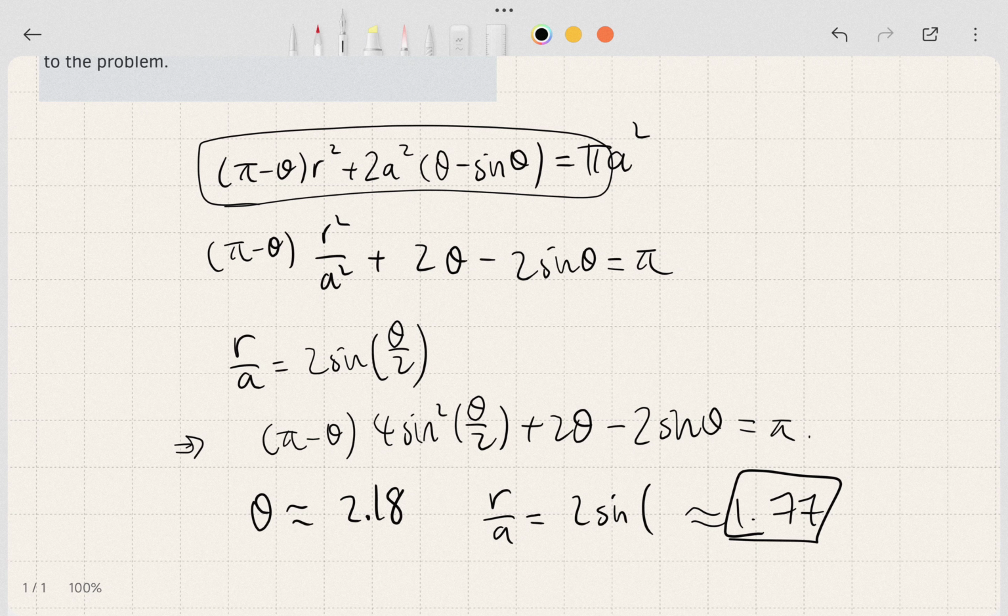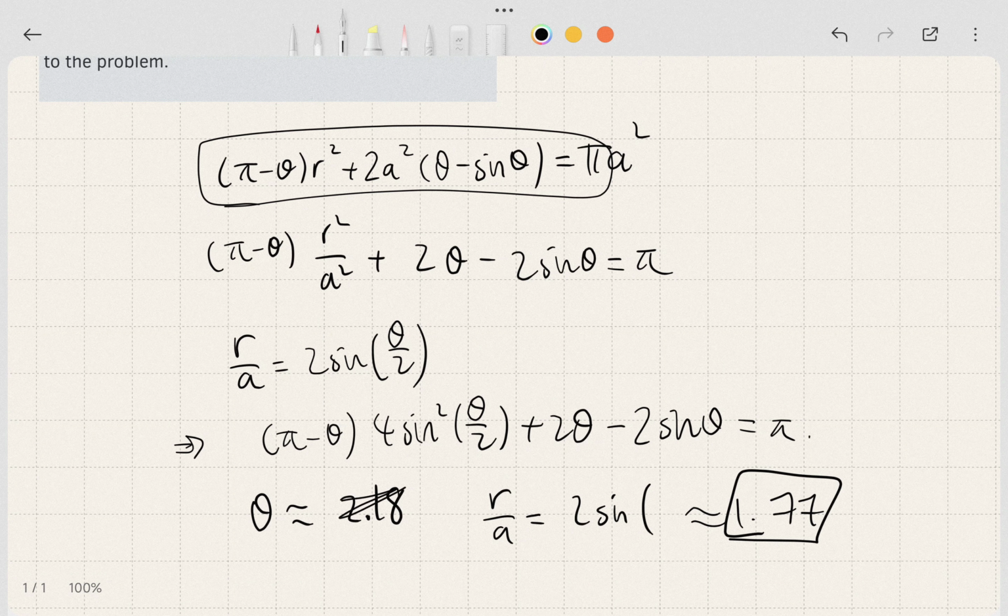Okay, just 2 times sine of theta over 2. Let's have a look at the numerical solver again. So pi minus theta times 4 times sine squared of theta over 2 plus 2x minus 2 times sine of x, and this is equal to pi. Oh, I see.